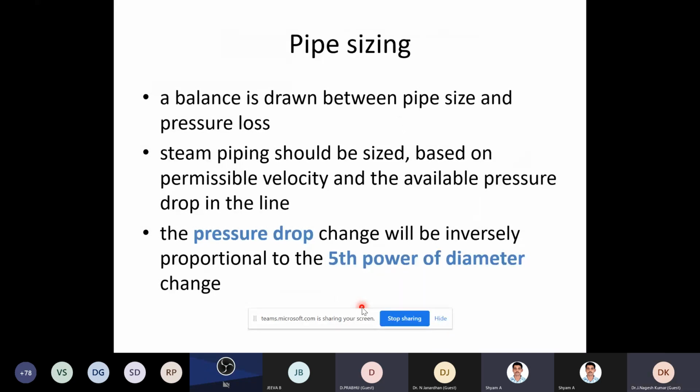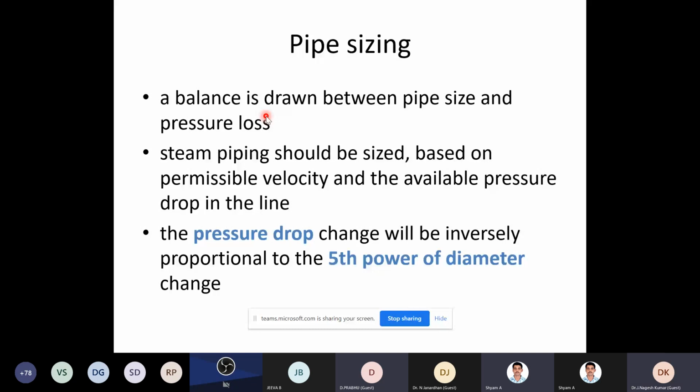Now pipe sizing, you can go in for a big pipe. A balance is drawn between pipe size and the pressure loss. Higher the pipe size, lower will be the pressure drop. So what is the significance of lower pressure drop? Suppose your boiler is generating at 7 bar and at the farthest end you are getting only 6 bar.